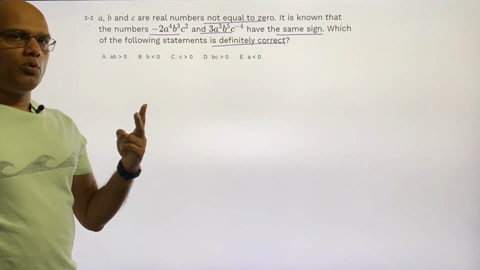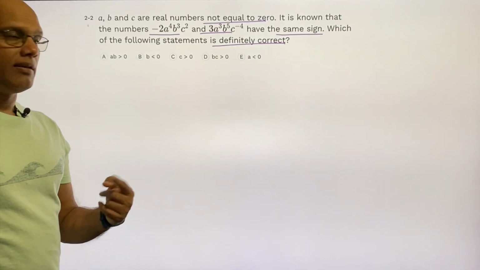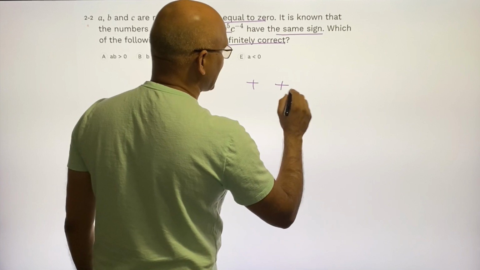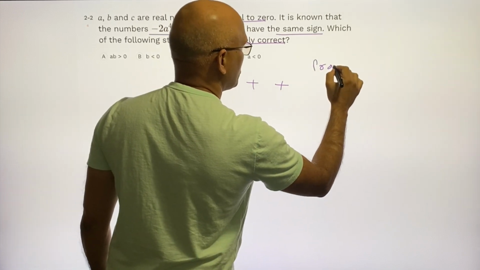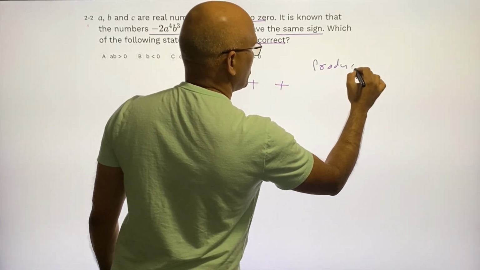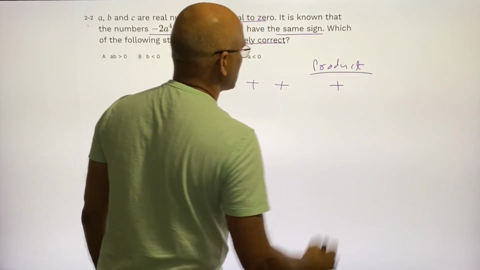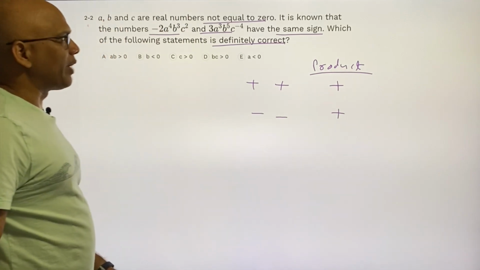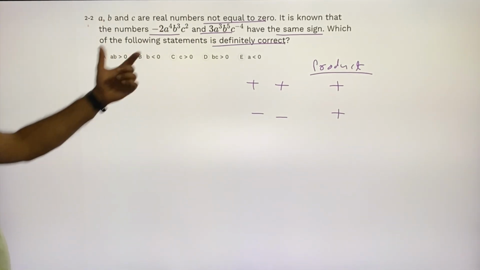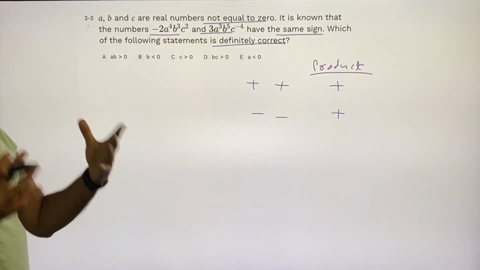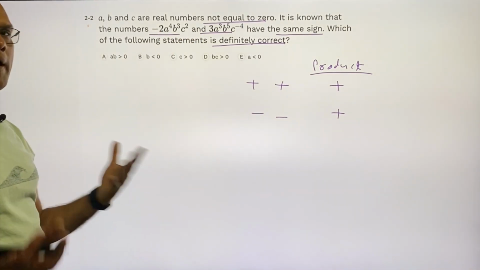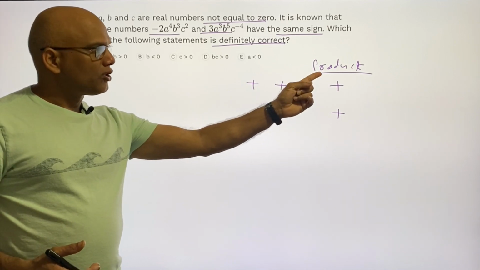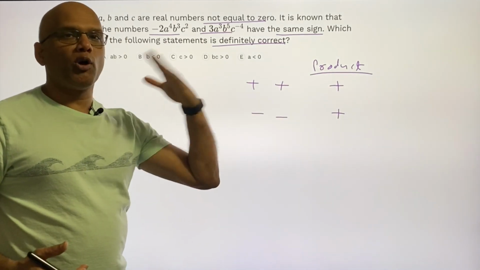When they have the same sign, whether positive or negative, if we multiply them, the product is going to be positive. If they are both negative, the product is still going to be positive, right? So I will try to multiply them, or divide, we can do either one actually. Whether we multiply or divide, the result is always going to be positive, right?